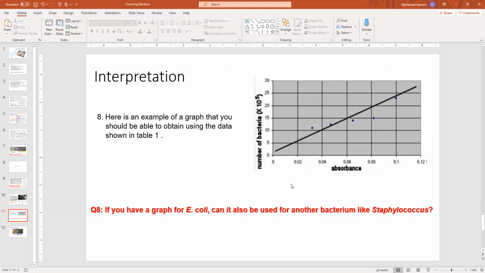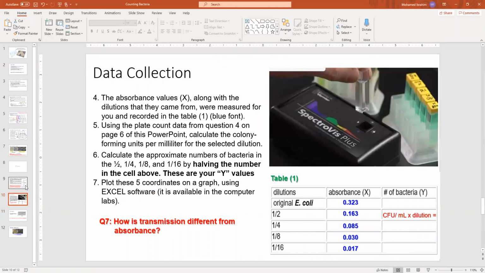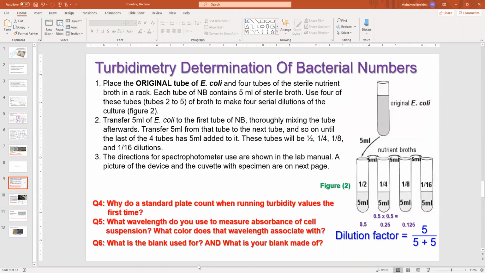Okay, I have another question. On Q5, at what wavelength do you measure absorbance of cell suspension? What color does the wavelength associate with? If you look at your lab manual, you will see that when we use the spectrophotometer, we use visible light, but we select a specific wavelength.